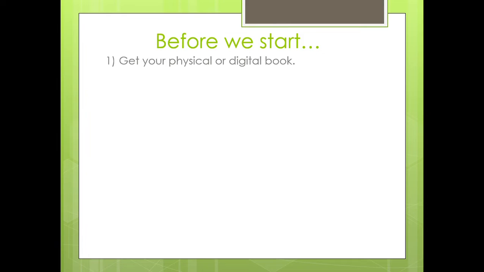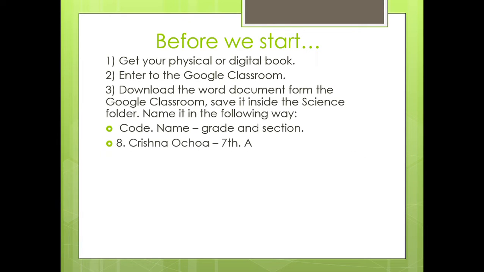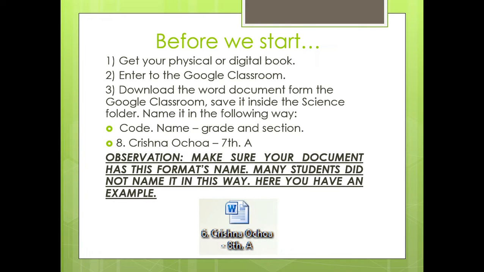So let's continue. Before we start, I have some general directions for you. You have to get your physical or digital book, enter the Google Classroom, download the Word document from the Google Classroom, save it inside a science folder, and name it in the following way. Code, name, grade, and section. Huge observation for everyone.